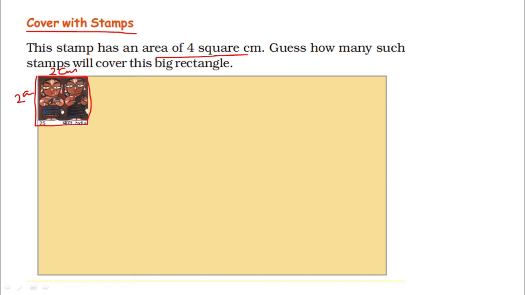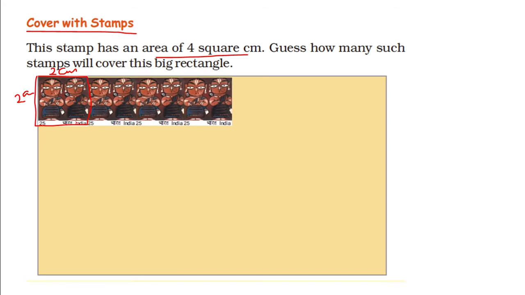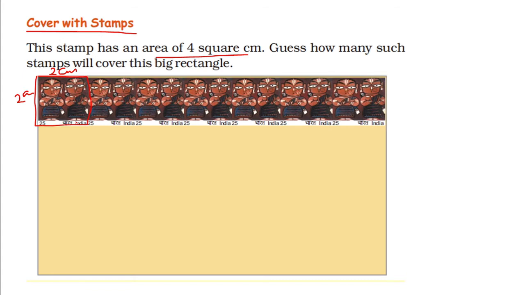Along the length, 2 stamps, 3 stamps, 4 stamps, 5 stamps, 6 stamps, 7 stamps. So what we have seen, there are 7 stamps which are covering the length of the bigger rectangle. So the length is 2 centimeter, 2 centimeter, 2 centimeter, 2 centimeter, 2 centimeter, 2 centimeter.